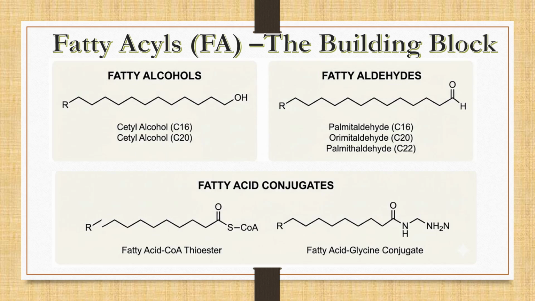Fatty acid conjugates are fatty acids linked to other molecules such as amino acids, carbohydrates, or coenzyme A. These conjugates play key roles in metabolism, transport, and regulation of lipid utilization within the cell. Together, these subclasses demonstrate the chemical versatility and biological importance of fatty acyls, reinforcing their role as the fundamental building blocks from which lipid diversity arises.